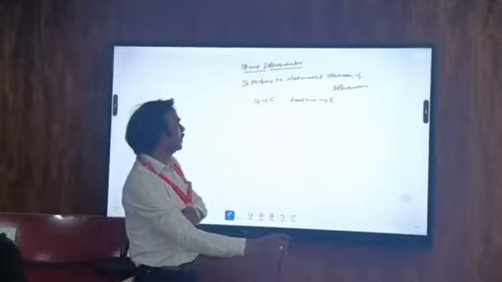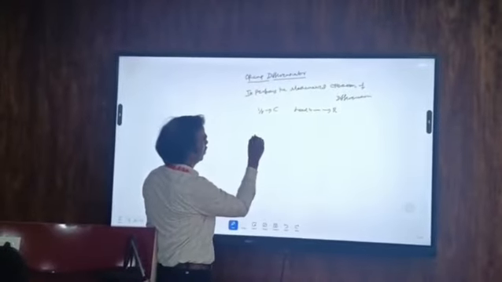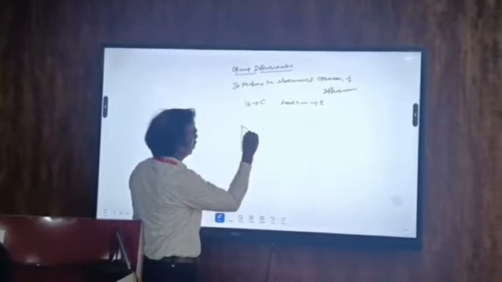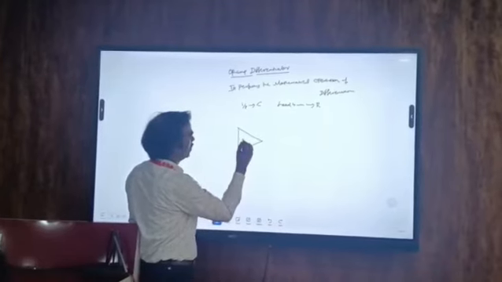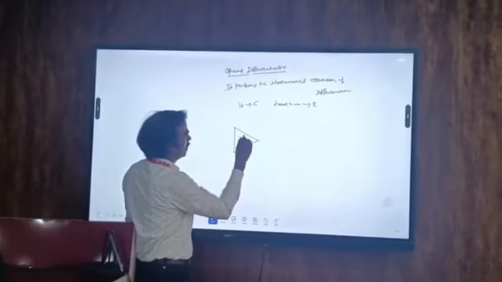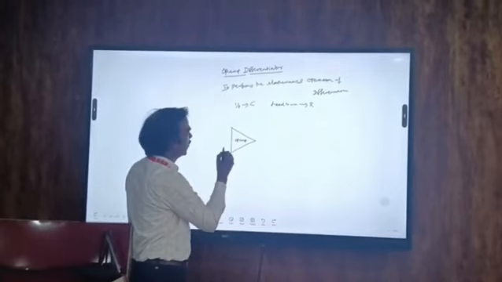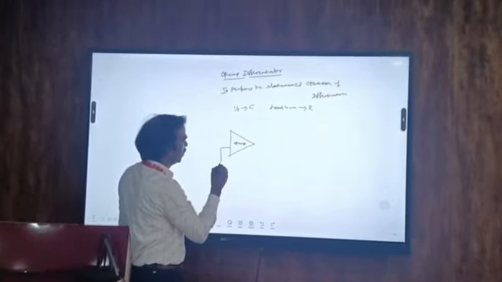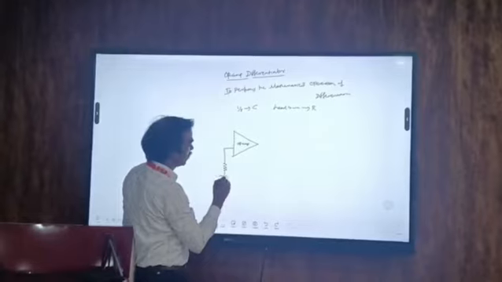So we can design the circuit first. Here is your operational amplifier, and just like in the integrator, here also we have one compensation resistor which has been grounded.